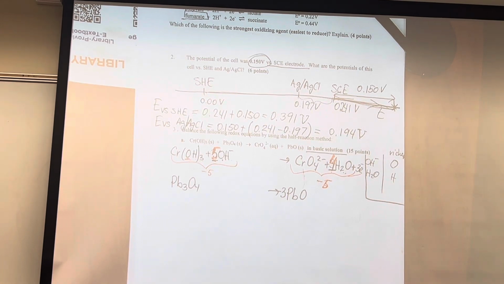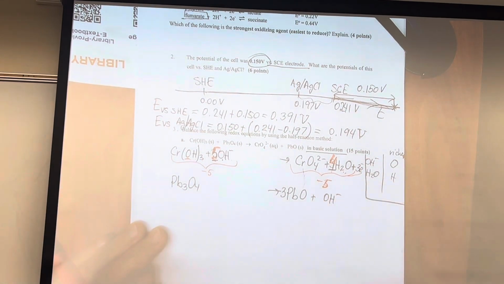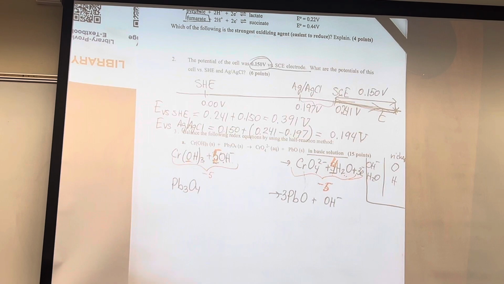Now, you can see we have 4 oxygens on the right and only 3 oxygens on the left. So we need to add to the left an oxygen-rich OH minus, right? OH minus is richer with oxygen, that's what we need.